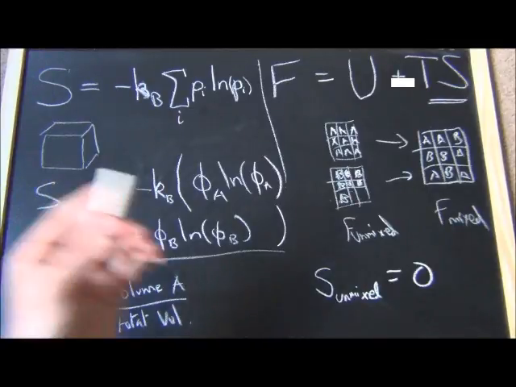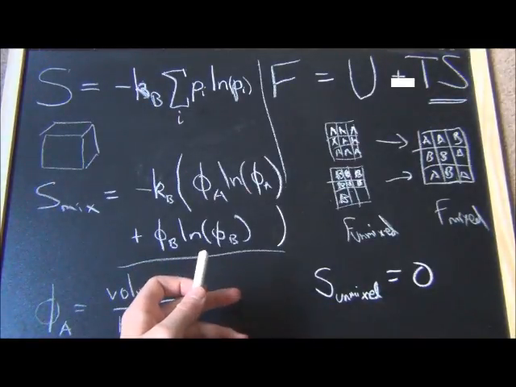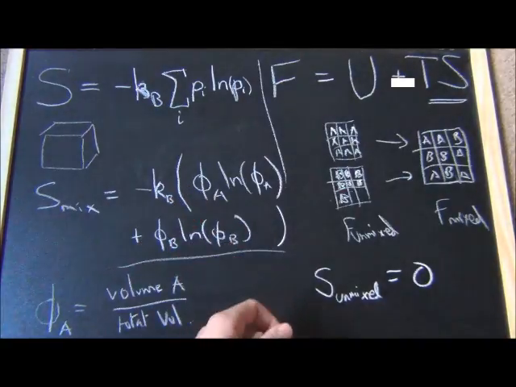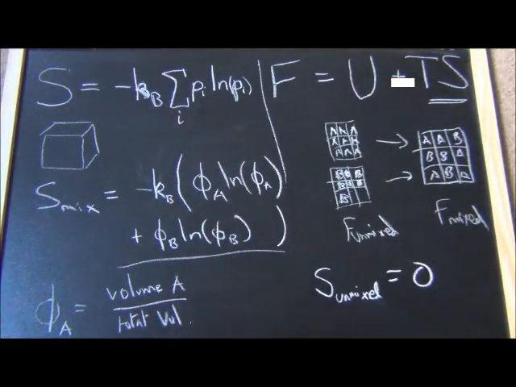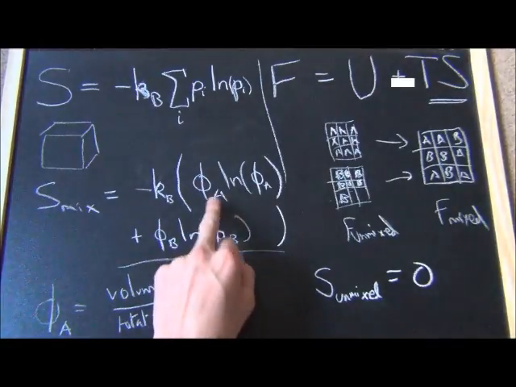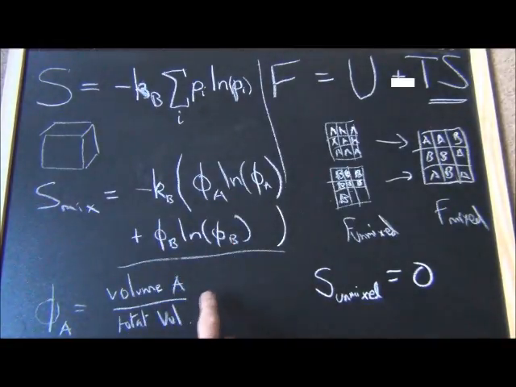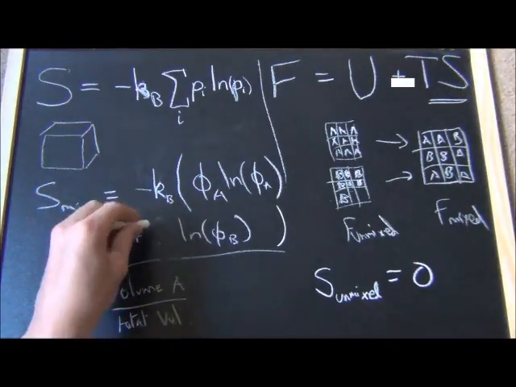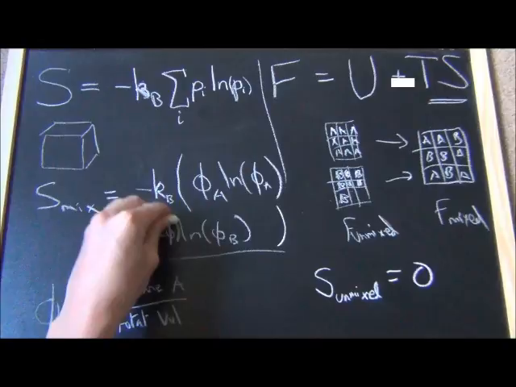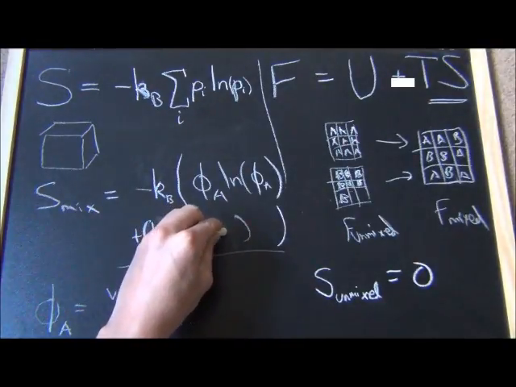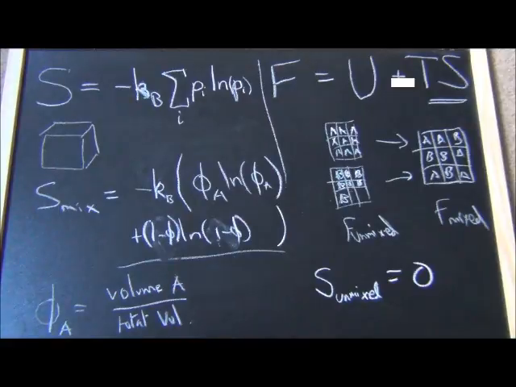But it gets simpler because we know there's only two kinds of molecules. There could be more in other cases, but in this special case there's only blue and red, so we know that this number is going to be 1 minus that number, because they've got to add up to 1. So we just replace that. And you can test this out by differentiation, finding the maximum, or you can just trust me that the maximum is going to be when phi is 0.5, which kind of makes sense.